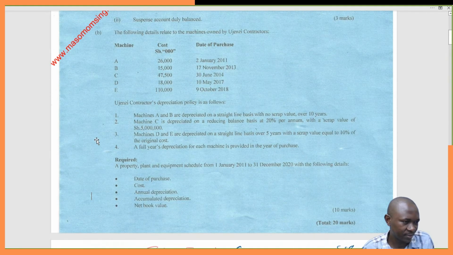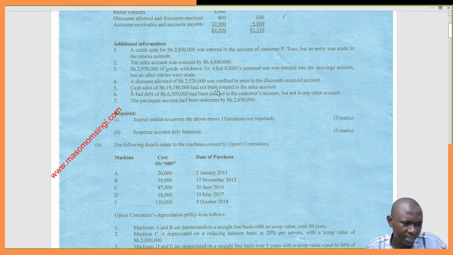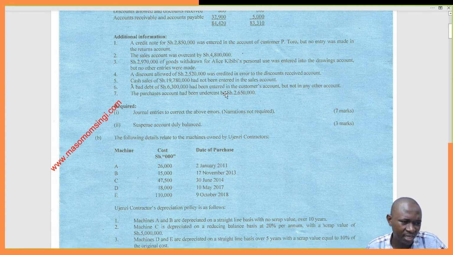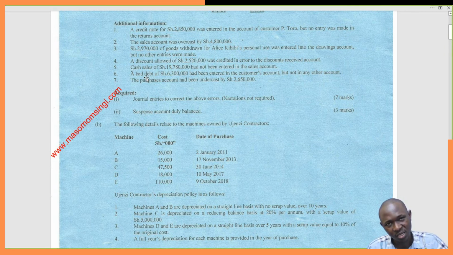Move to number 6. A bad debt of 6.3 had been entered in the customer's account, but not in any other account. So when you have a bad debt, what you're supposed to do is to reduce the liability of the debtor by that amount, and then you open a bad debt account and you debit.